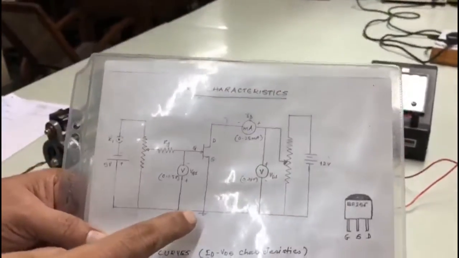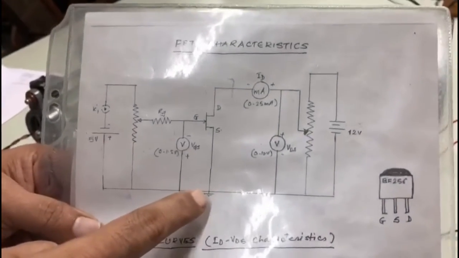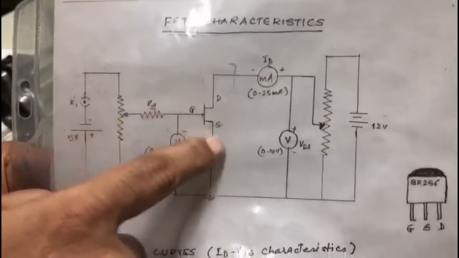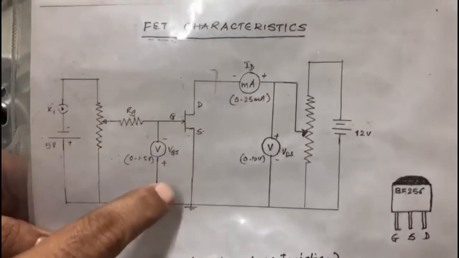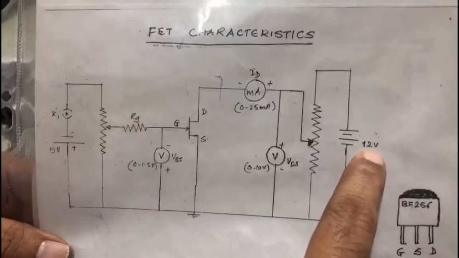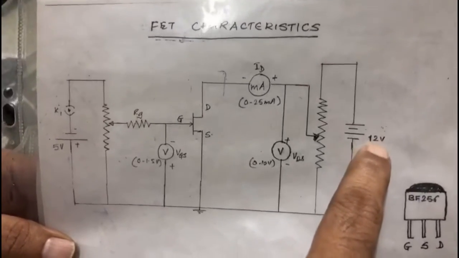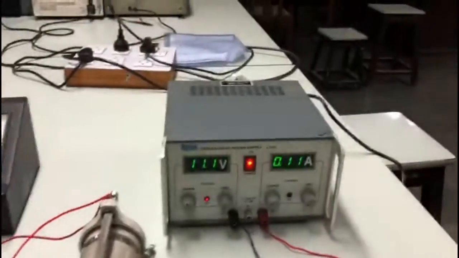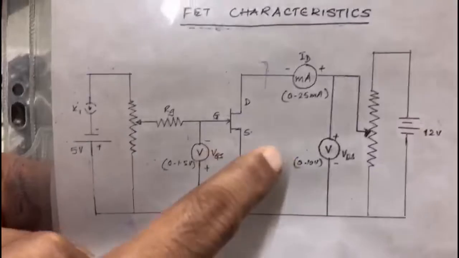Now I am explaining the output circuit with respect to this circuit diagram. So we have a gate here, we have a source here, we have a drain of this FET 3-terminal device. Now here is the drain to source supply of 12 volts. Now I am explaining the connection.